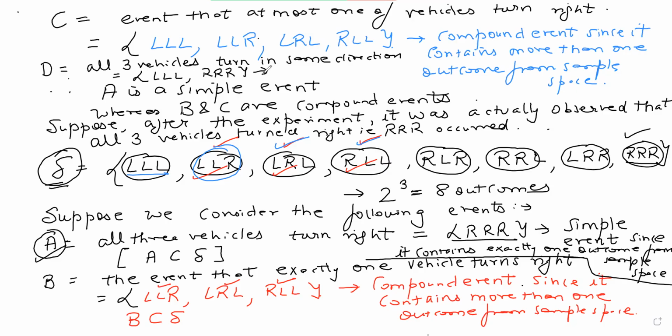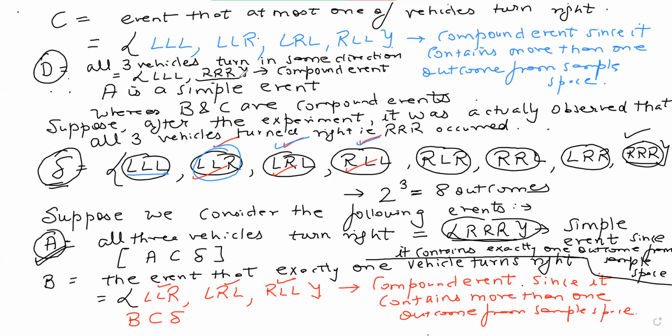And students can see that this is also a compound event because it contains more than one outcome. What I'm trying to show is that when actually all the three vehicles turned right, event A, which is a simple event, occurred. Event D also occurred because event D also contains RRR.